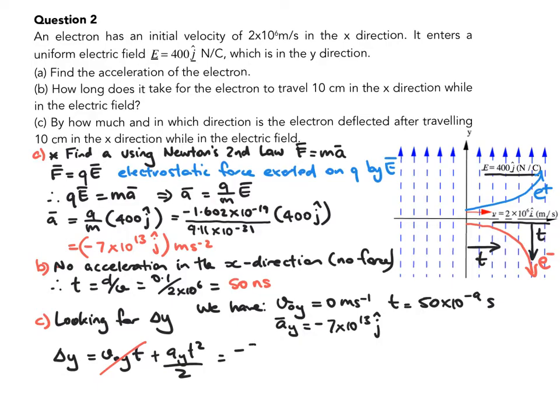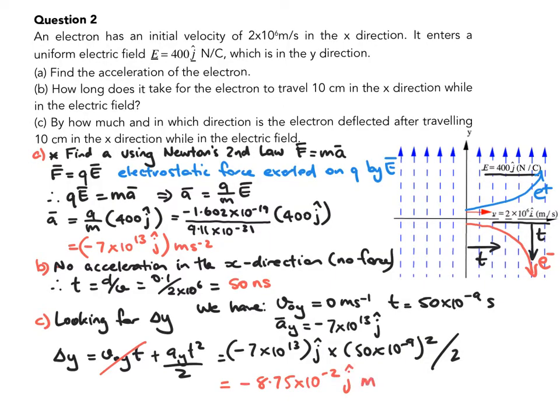Negative 7 by 10 to the 13 j times t squared, which is 50 by 10 to the minus 9 squared, and we need to divide all of that by 2. And when we do that, we get an answer which is negative 8.75 by 10 to the minus 2 j meters.